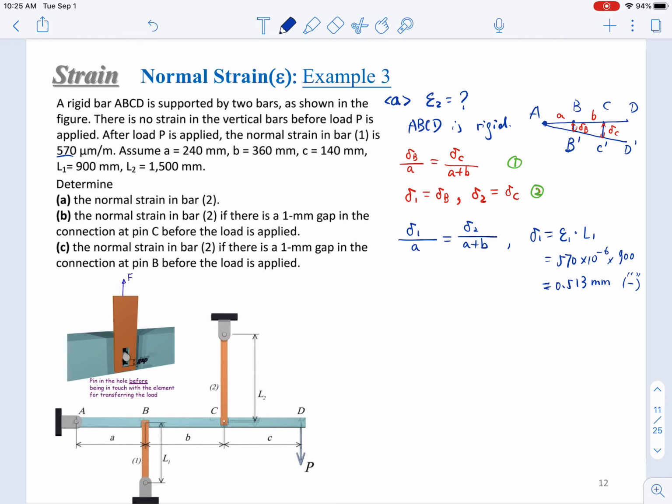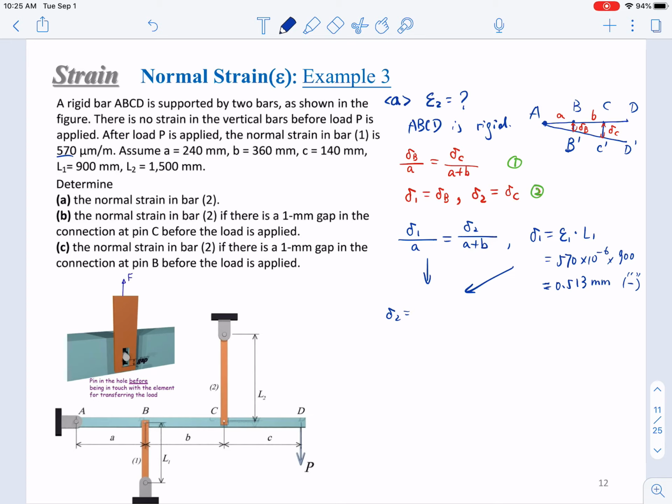So now we know delta 1, so we can calculate delta 2. From here and from there, we can calculate delta 2.